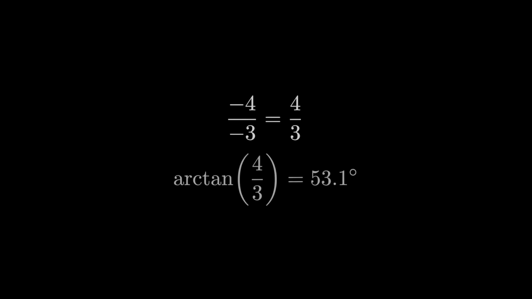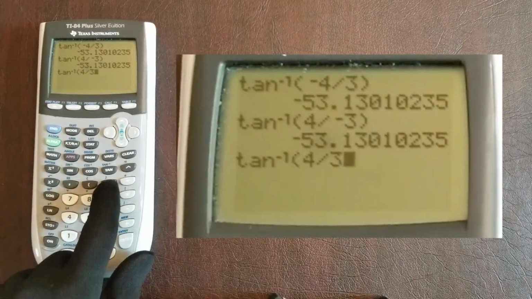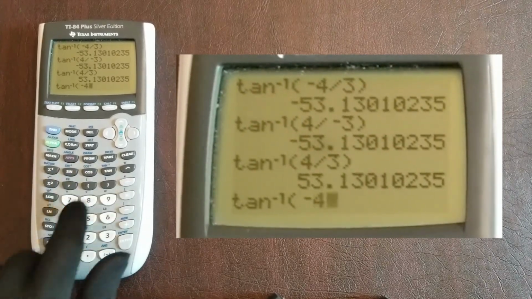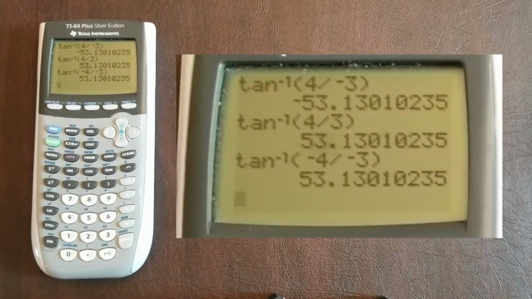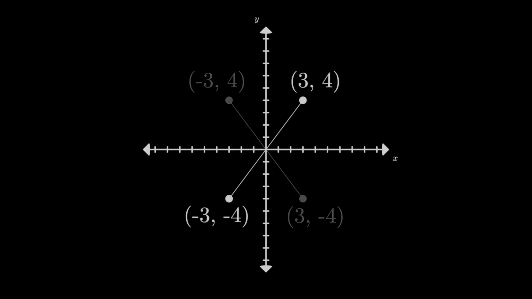The same goes for 4 over 3 and -4 over -3. The calculator sees them as exactly the same number. But we see two different points in the 2D plane. So all I'm getting at here is just be careful.